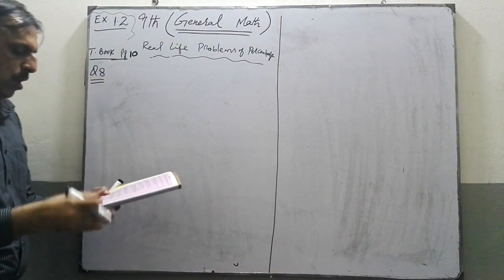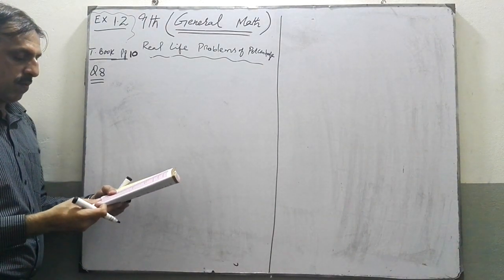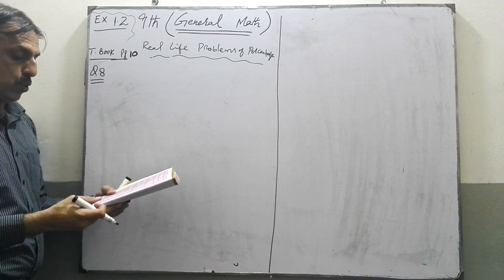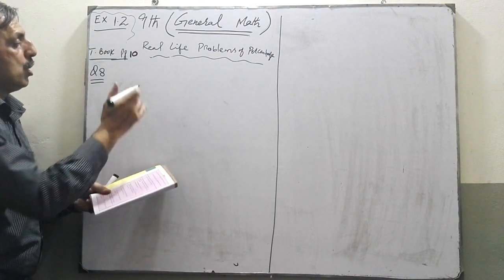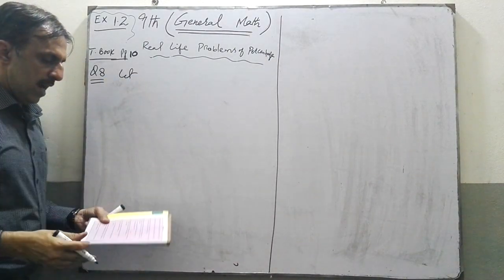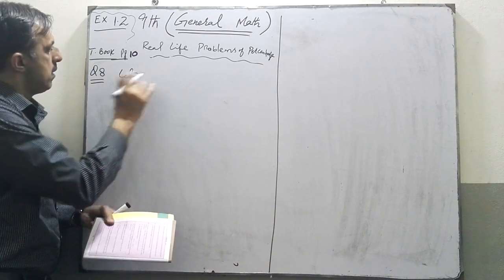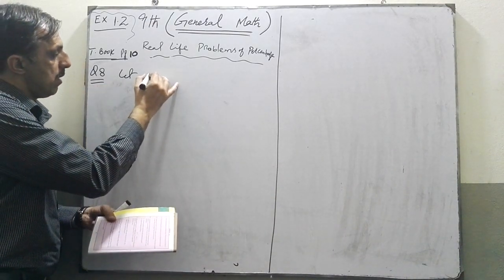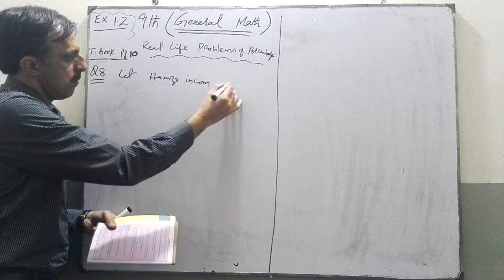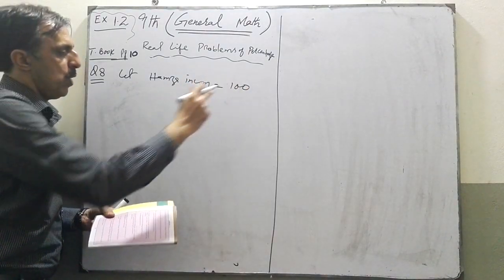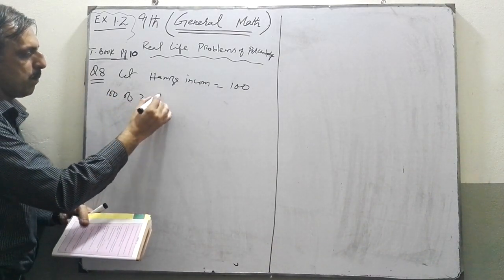In question number 8, we are given that Hamza's total income is not given, but he spent 20% on the house. Because this is a percentage question, we let Hamza's income be 100.